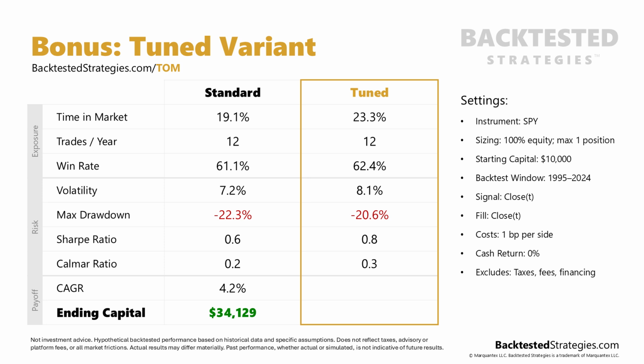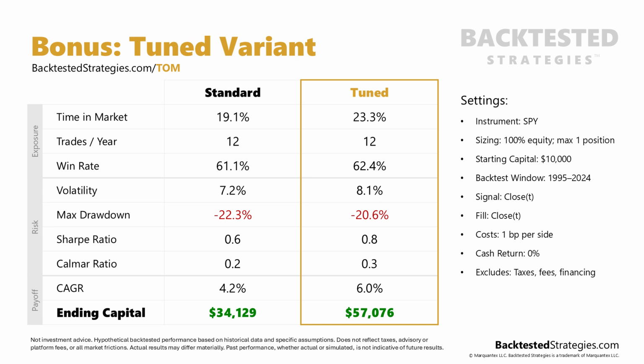Section 3. Payoff. For the standard version, the compound annual growth rate is 4.2%, and ending capital is $34,129. For the tuned version, the growth rate is 6%, and ending capital is $57,076.